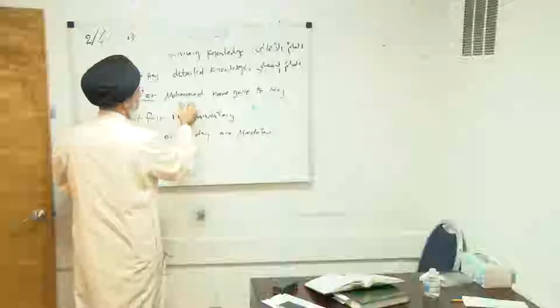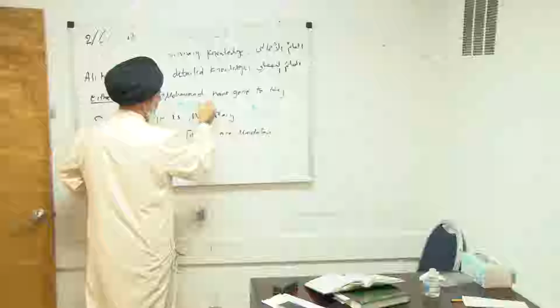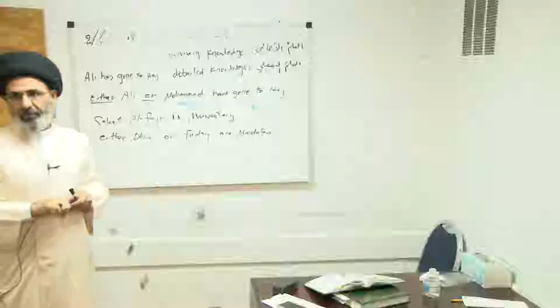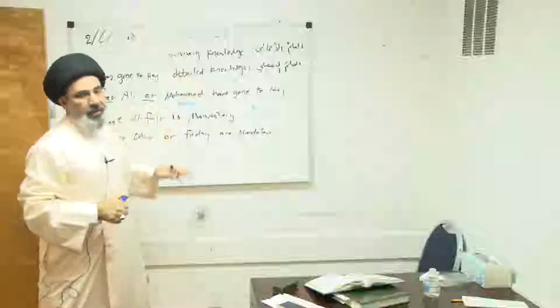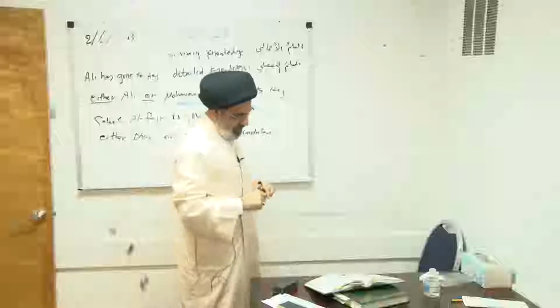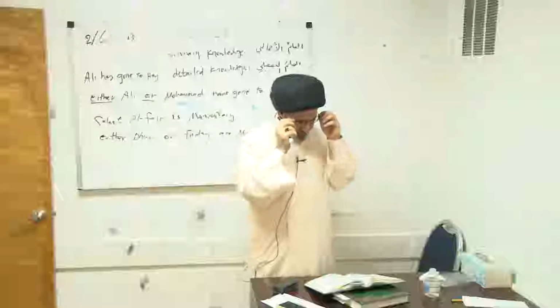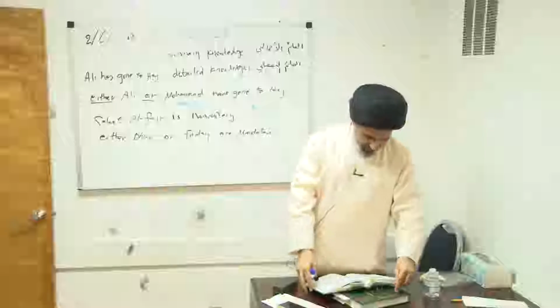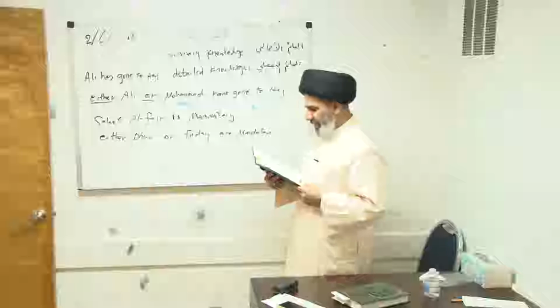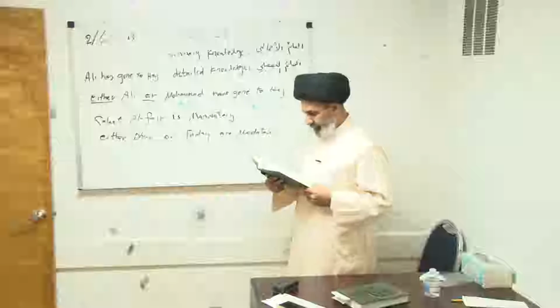The other branch is obscurity. The summary knowledge is divided into two branches, two sections if you will. One section is clarity, the second is obscurity.